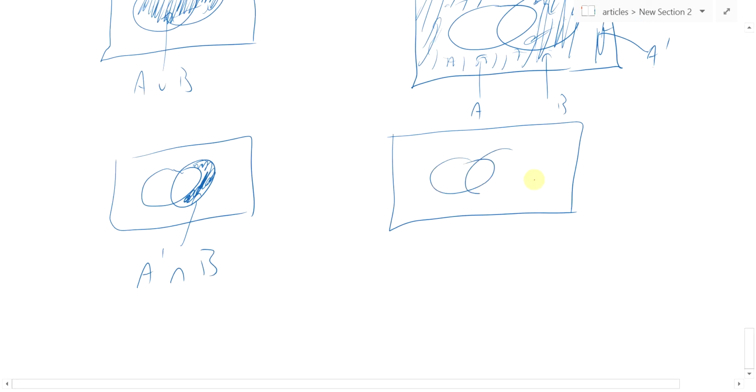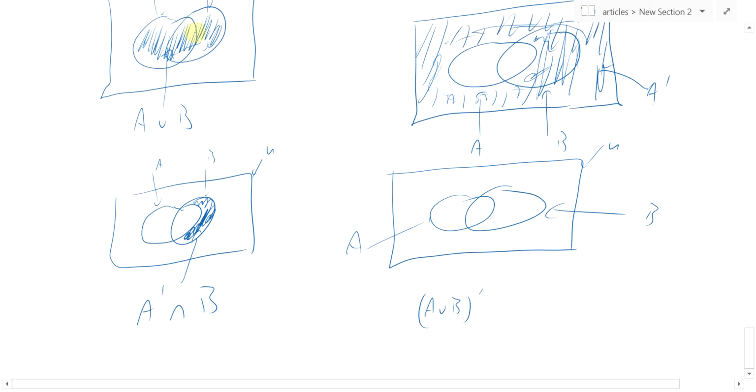And we can draw more circles. We call this A. We call this B. We call the whole set U. Don't forget my labels over here: A, B, U. What's A union B complement? Well, A union B is everything that's in either A or in B, right? So that's everything that's inside of these two circles.